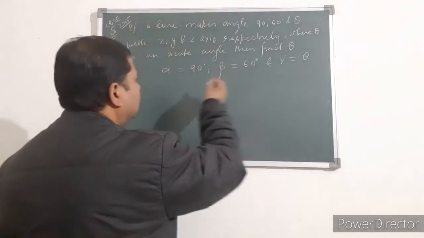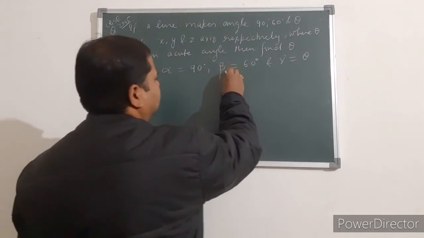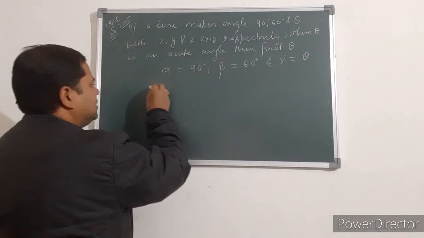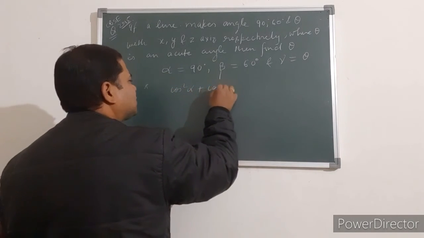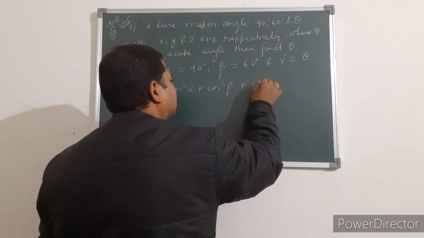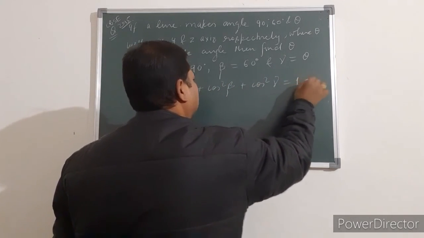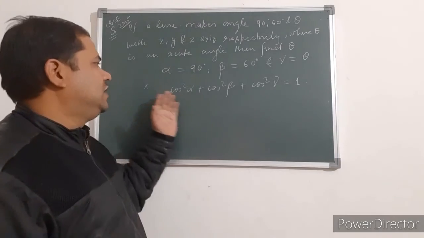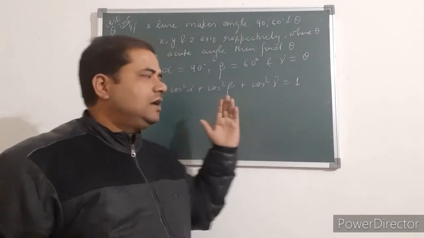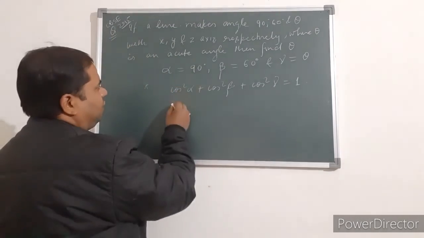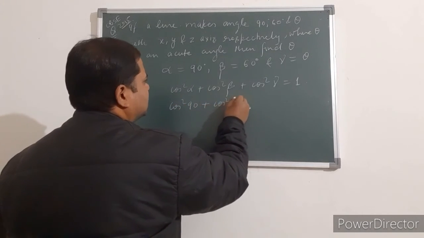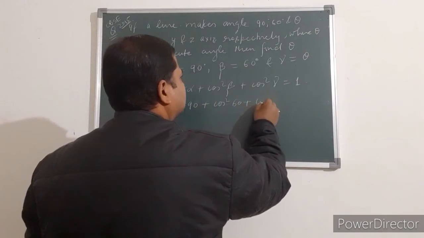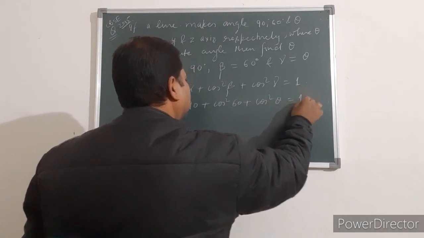You know cos square alpha plus cos square beta plus cos square gamma equals 1. This is the relation between the direction cosines and angles. So cos square 90 plus cos square 60 plus cos square theta equals 1.